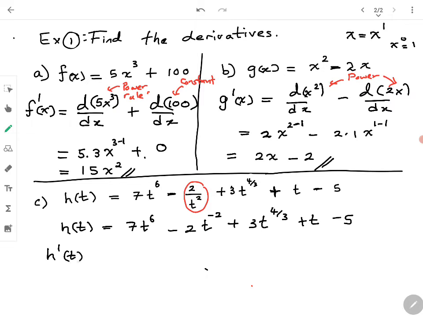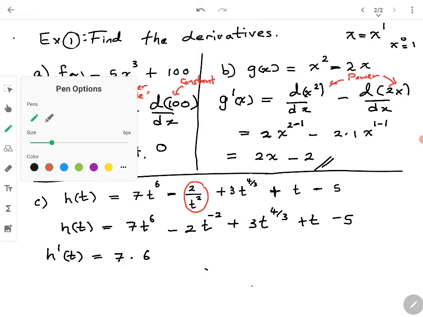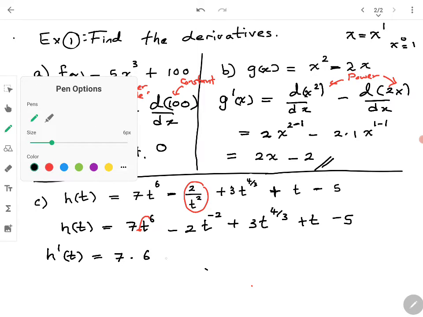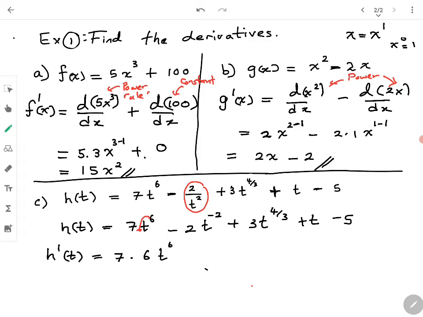So we start with the first term. You can differentiate t to the 6 using the power rule. Bring the 6 down, exponent to the front, like here. Then subtract 1 from that exponent. So 6 minus 1.